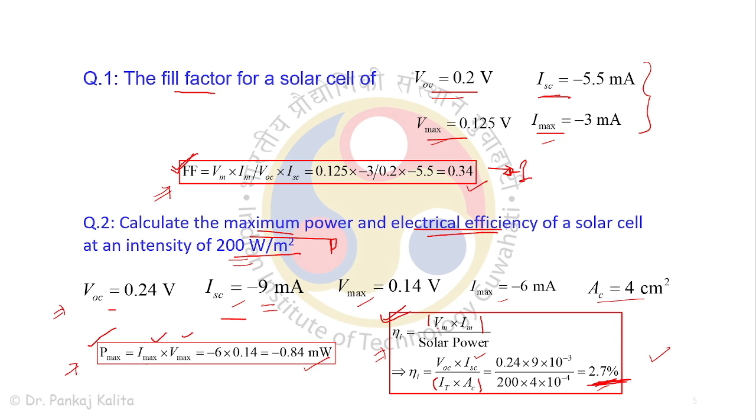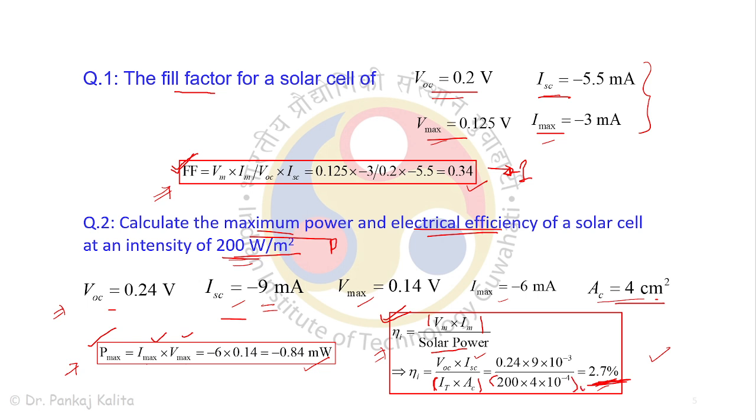So basically, your input power is your solar power. That will be equal to the incident solar flux into the area of your solar cell. So it will be 200 watt per meter square into 4 centimeter square. The centimeter square you have to put in meter square. So it will be 200 into 4 into 10 to the power minus 4 meter square. So it will come in watt, right? I think this part is clear.